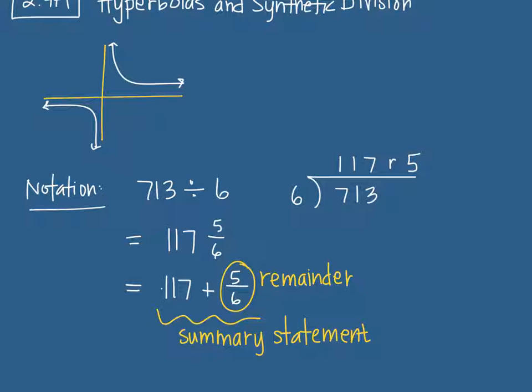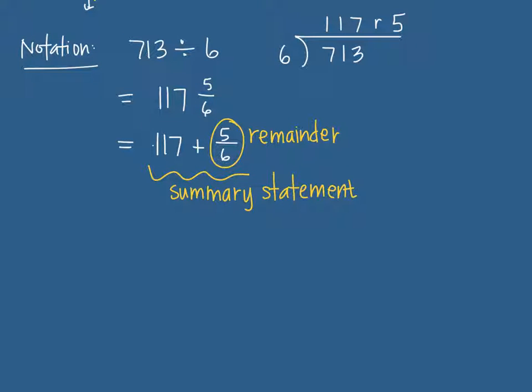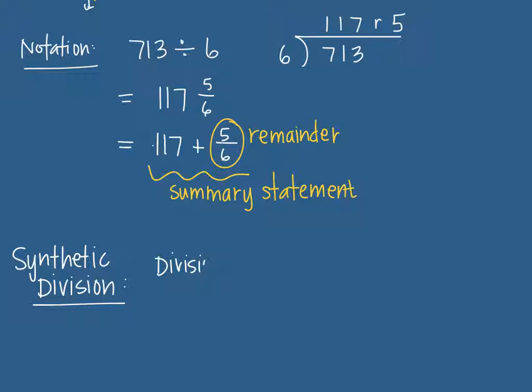Okay, so that was doing division with numbers. Can you do divisions with letters and variables? And the answer is for sure, yes. We can do division with letters and variables as well. And that kind of division is called synthetic division. Synthetic division is the division involving variables.